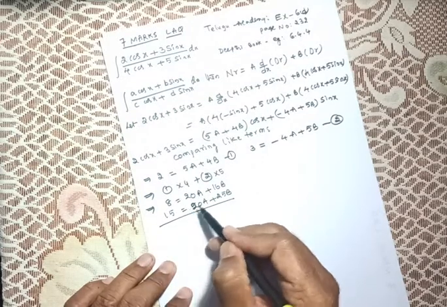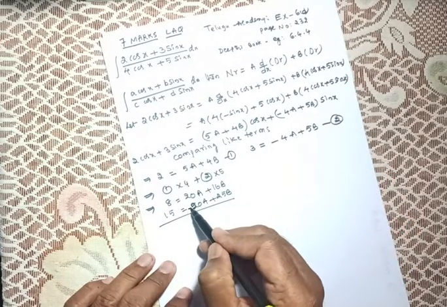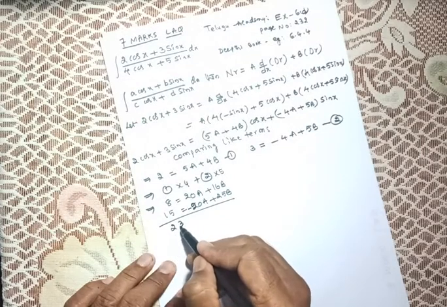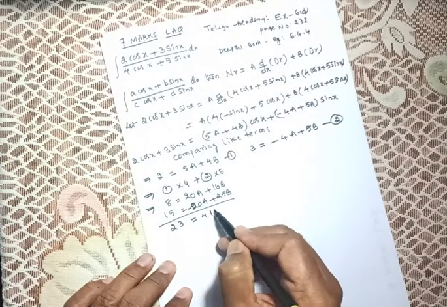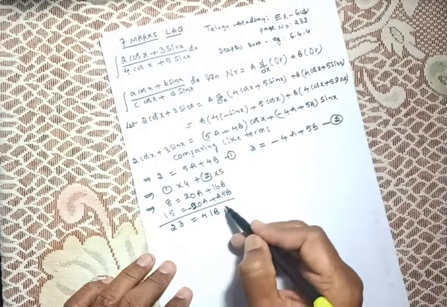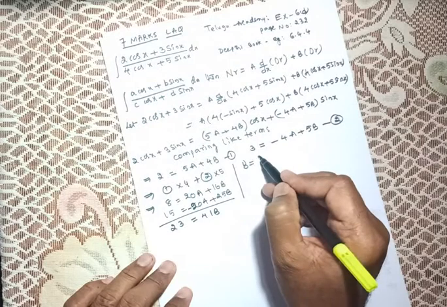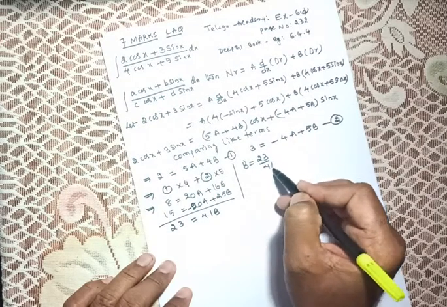By adding these two equations, the a terms cancel, and we get 23 = 41b. Therefore b = 23/41.